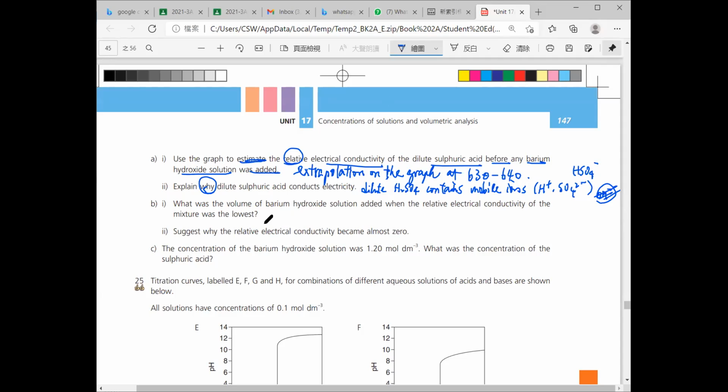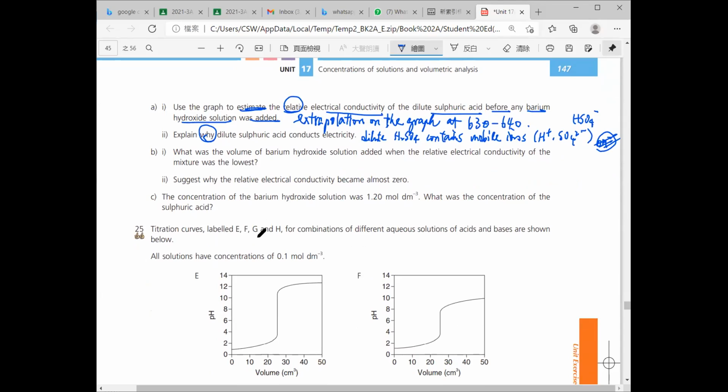Okay, A2. What was the volume of barium hydroxide solution added when the relative electrical conductivity of the mixture was the lowest? Electrical conductivity was the lowest. So what are they heading for?